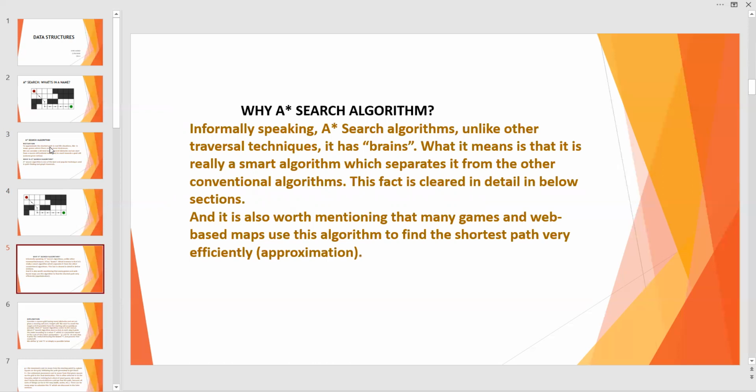What it means is that it is a really smart algorithm, which separates it from other conventional algorithms. This fact is clear in detail in the below sections, and it is also worth mentioning that many games and web-based maps use this algorithm to find the shortest path very efficiently.